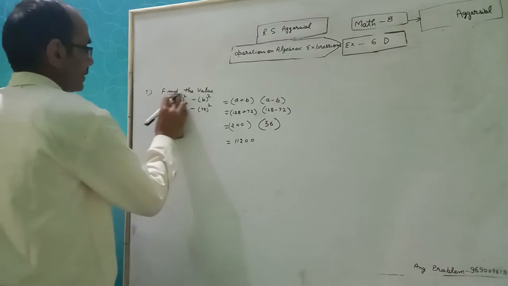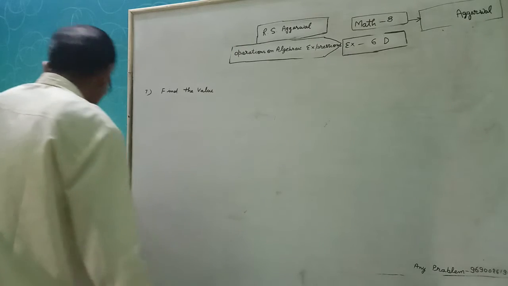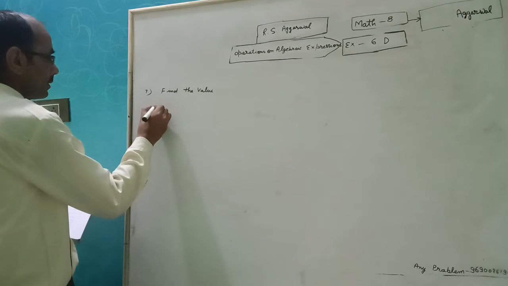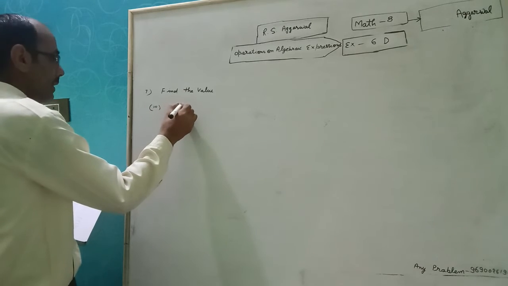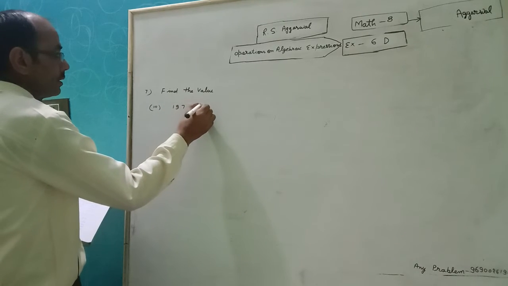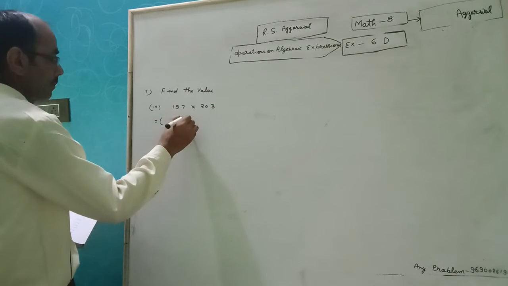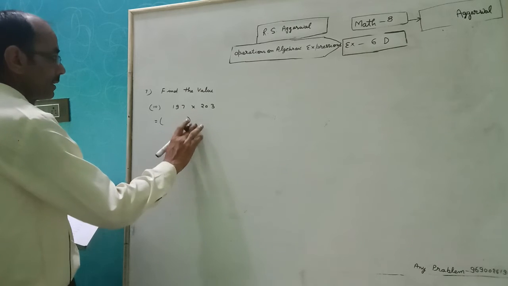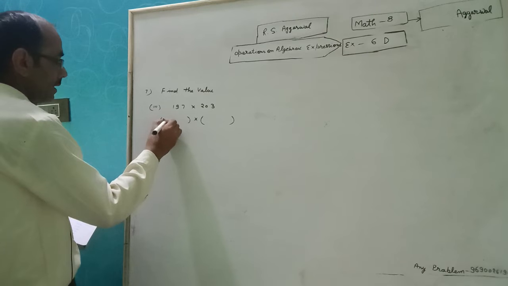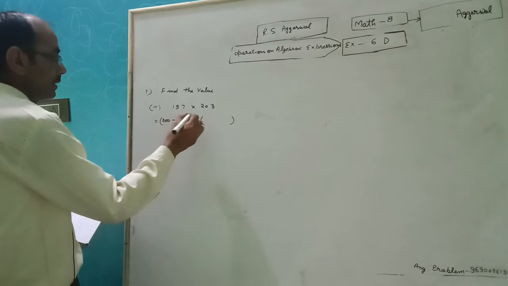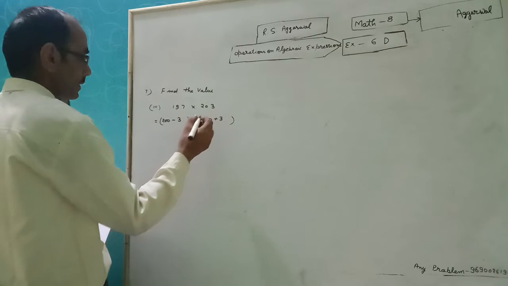Third part is number 197 into 203. We may write 197 as 200 minus 3, and 203 write 200 plus 3.